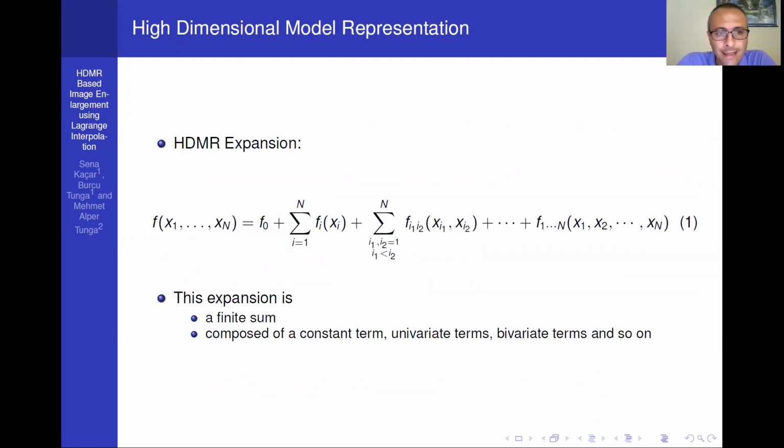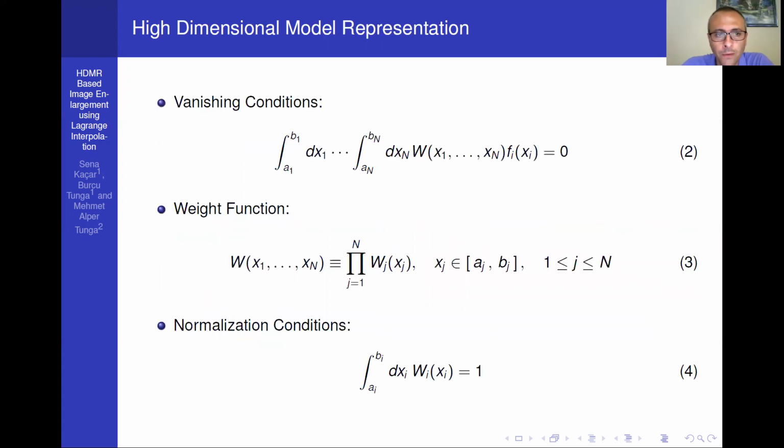This is HDMR's expansion. It is composed of a finite number of summations. This is a finite expansion. The right-hand side components are composed of a constant term, univariate terms, bivariate terms, and so on.